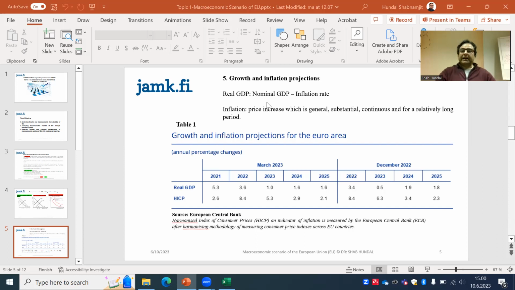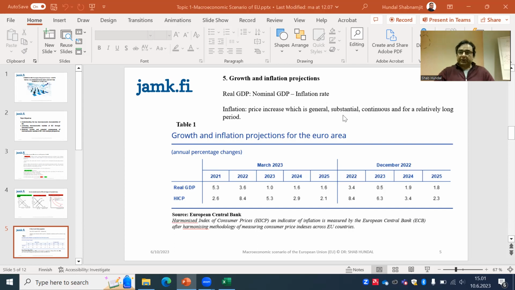And similarly, I wanted to clarify the theoretical part: every inflation is characterized by a price increase. Whenever there is inflation, the price will go up. But not every price increase can be called inflation. To call it inflation, the price increase should not be restricted to one or two products, but there should be a general price increase.